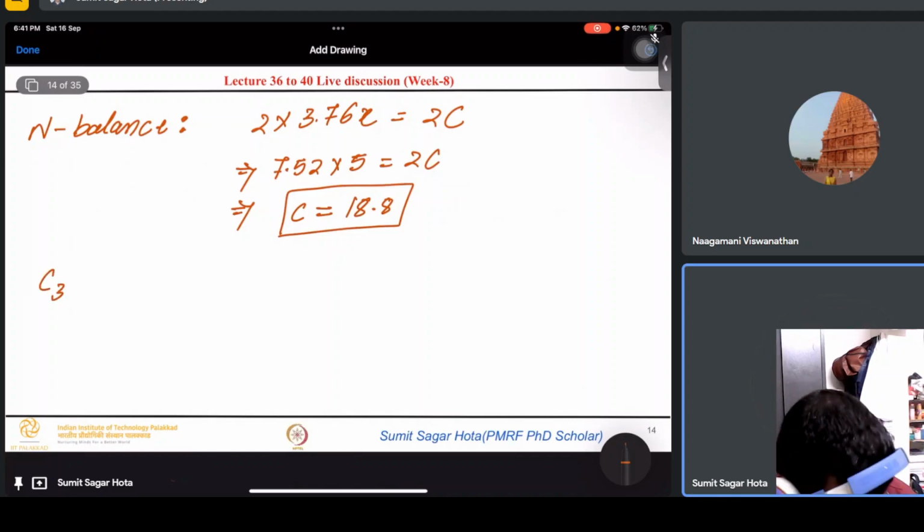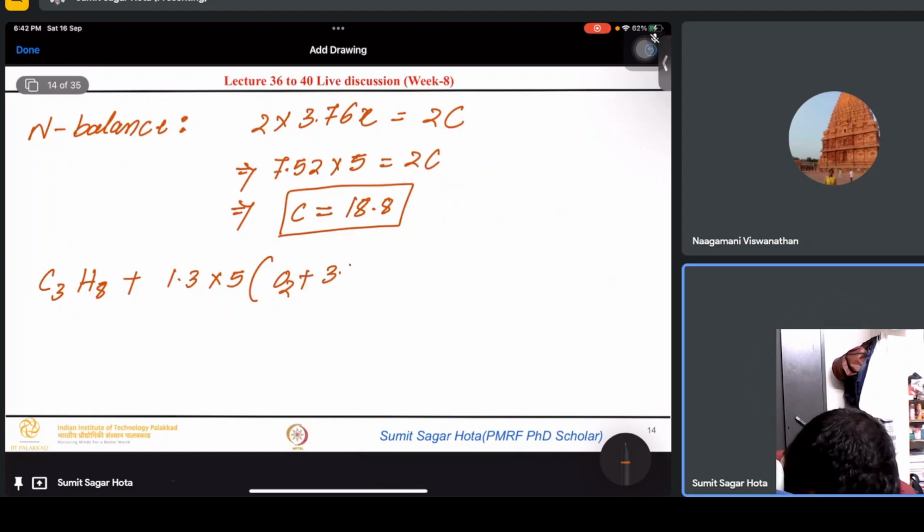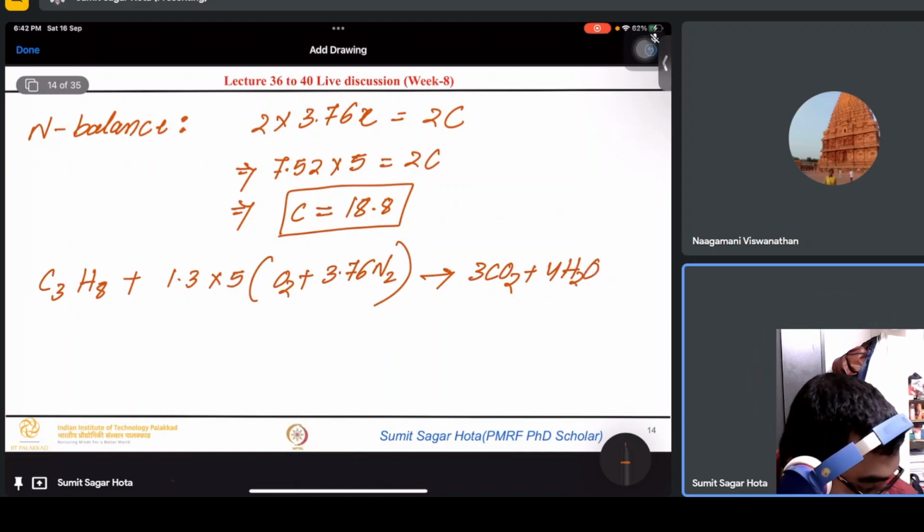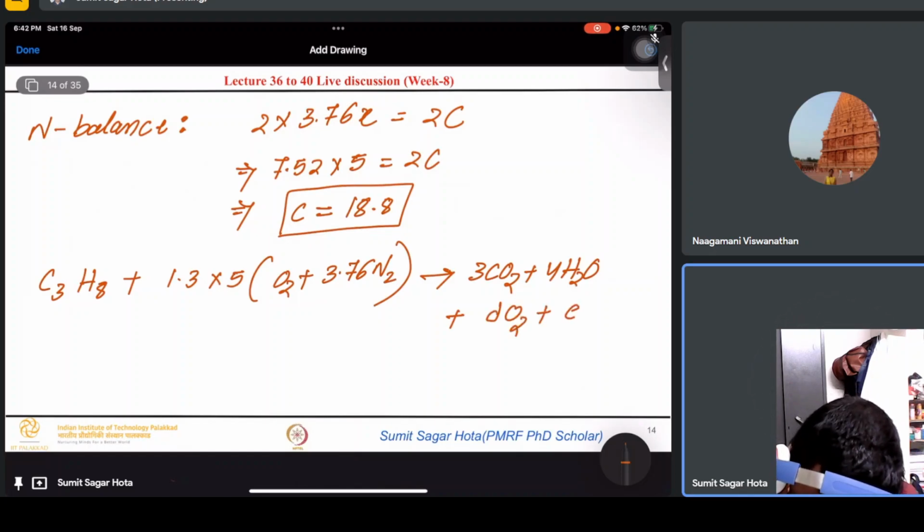That means when air is 1, C3H8 plus here you multiply by 30%, so 1.3 into X, which is 5, O2 plus 3.76 N2 gives rise to 3 CO2 plus 4 H2O plus D times O2 plus E times N2.